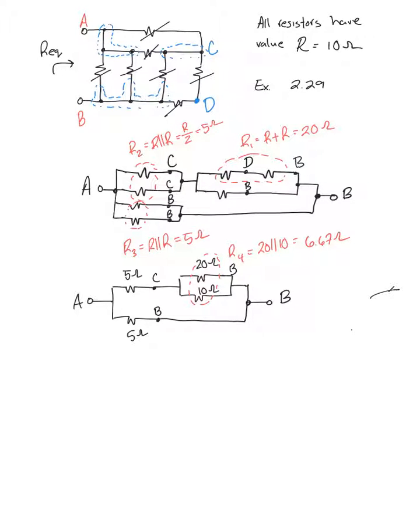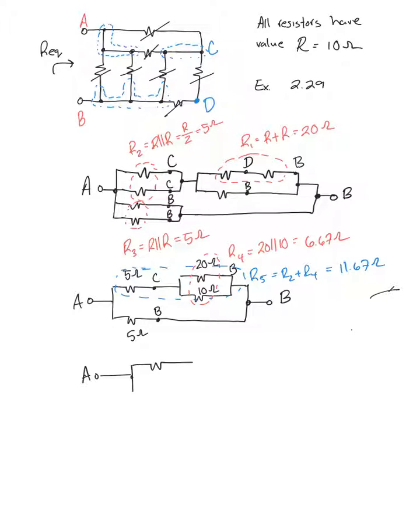And you might see that this equivalent resistance, R4, is in series with the 5 ohm. Call that R5, which is equal to what we had called R2 plus R4, which is going to be 11.67 ohms.